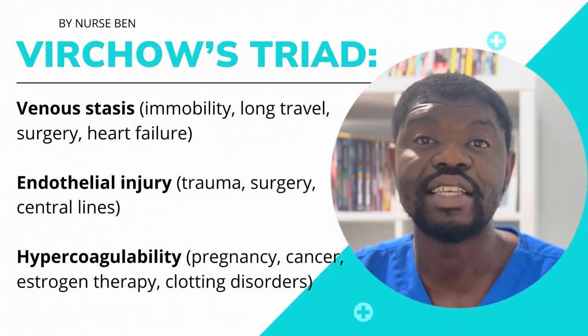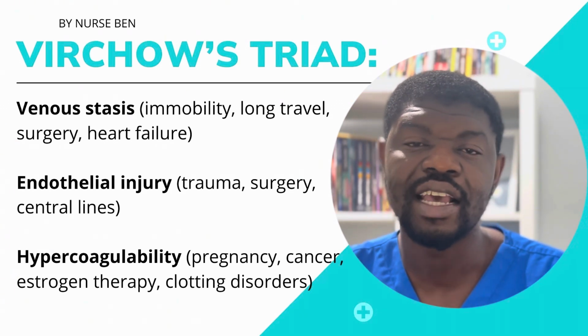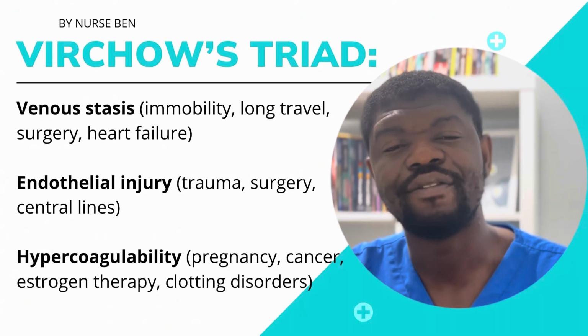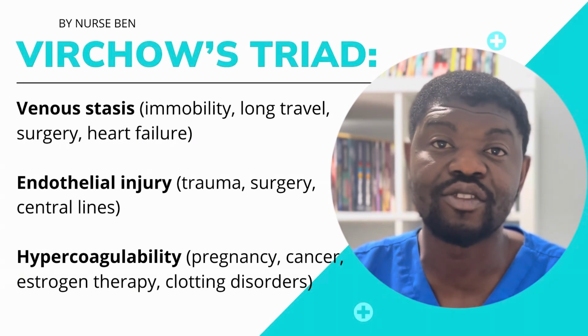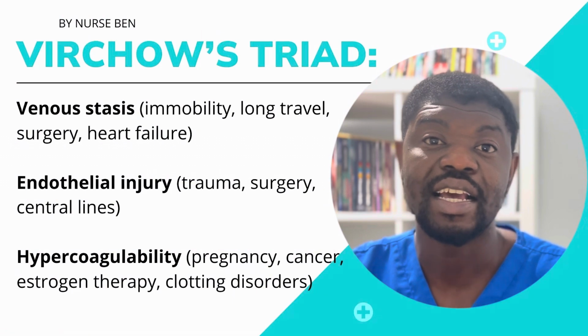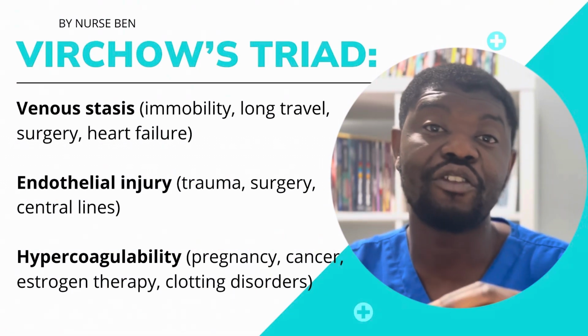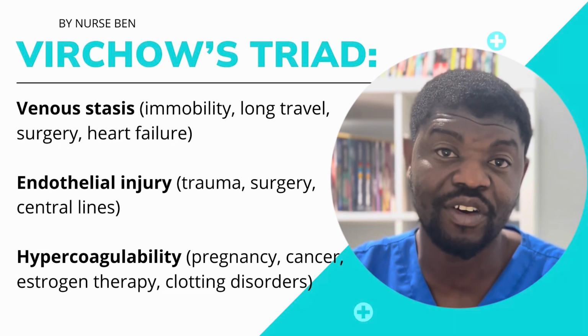Now, the first one is venous stasis. Venous stasis is where you don't have venous blood flowing back swiftly to the heart. Once your blood is static or doesn't flow well, it increases your risk of having a clot formation.